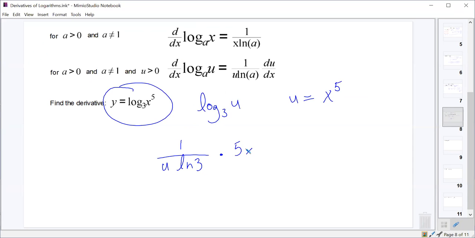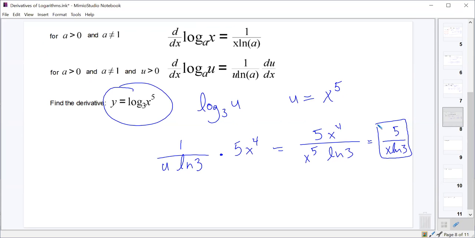By the derivative of u. And if we write that all out, we got 5x to the 4th over x to the 5th, natural log of 3, when we replace the u with x to the 5th. And then we can simplify this to 5 over x ln 3. Good or no?